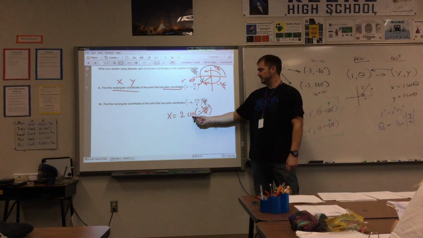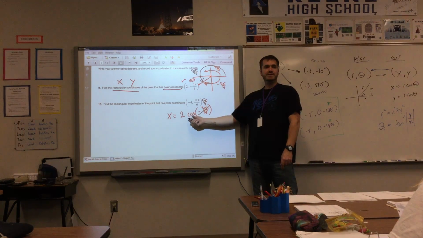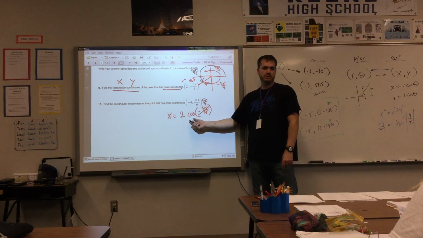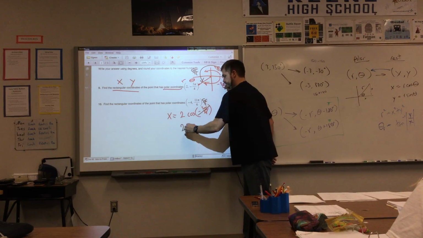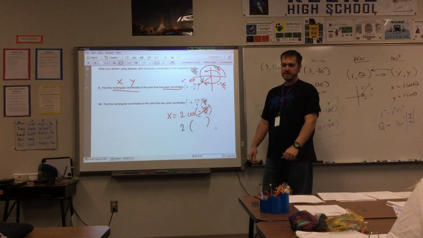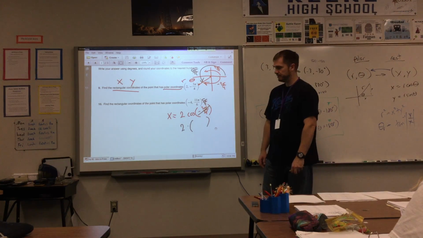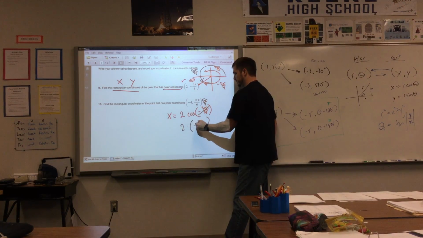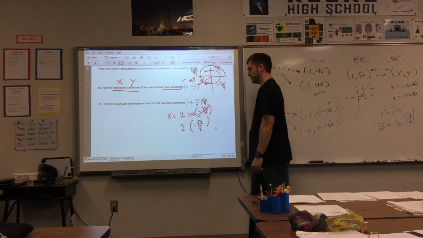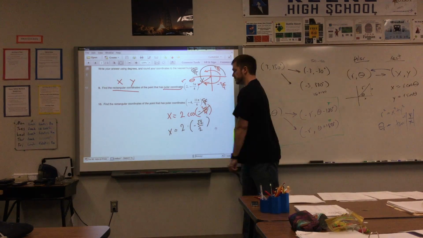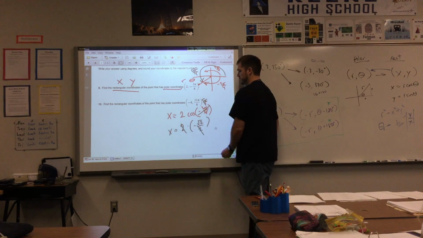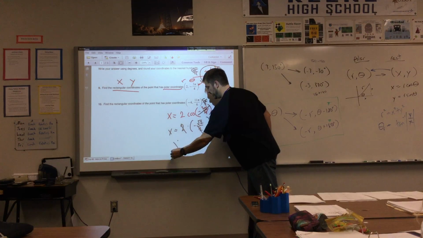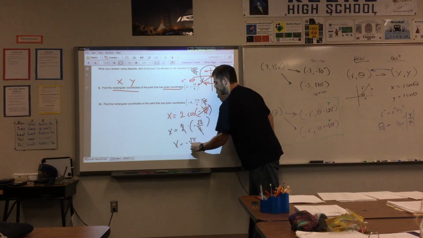Find 5 pi over 4, and look for the x value of that coordinate. Ashlyn, what is the x value? Negative root 2 over 2. So we have 2 times negative root 2 over 2. The 2's cancel, so we just have x equals negative root 2.